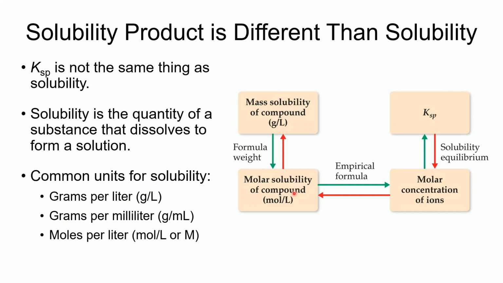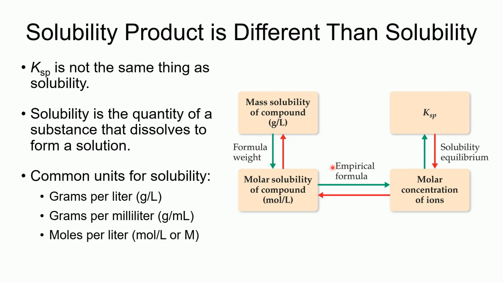And with that molar solubility, we can go on to find the solubility in terms of mass in grams per liter. And sometimes we can even get that in terms of grams per milliliter, just by using the conversion from liters to milliliters.